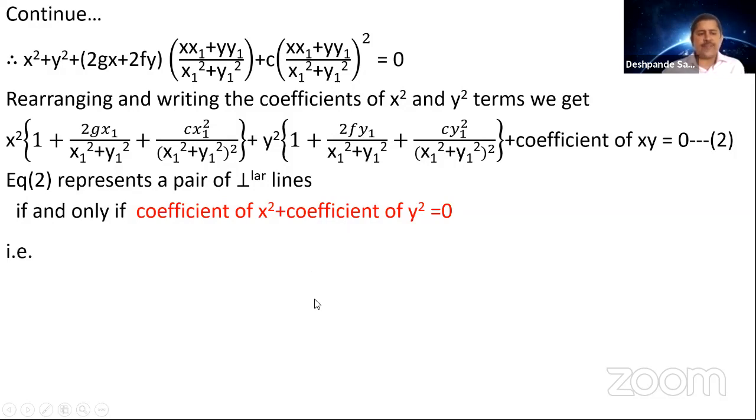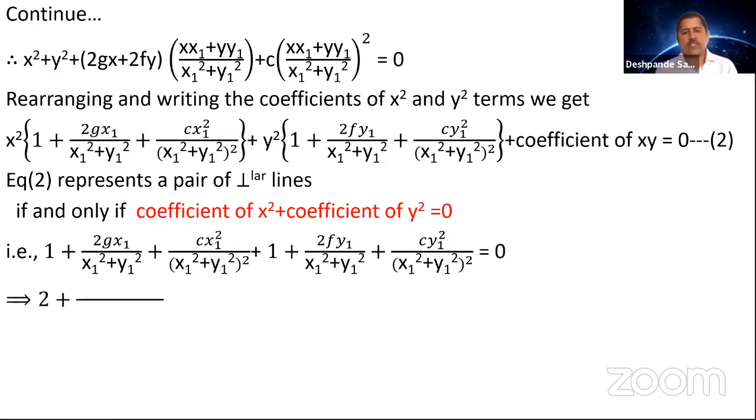So the coefficient of x square is given here, the coefficient of y square is given here. So you can write 1 plus 2gx1 by x1 square plus y1 square, plus cx1 square by x1 square plus y1 square whole square, plus the second coefficient. Now you see here you got the same denominator, x1 square plus y1 square. So you can write it commonly, and the numerators you can add: 2gx1 and 2fy1.